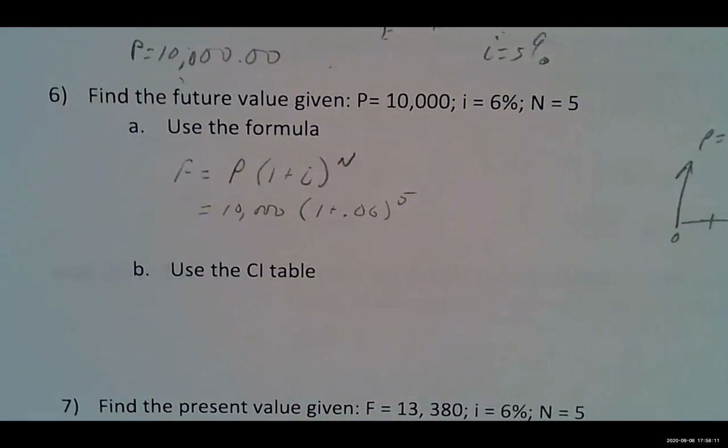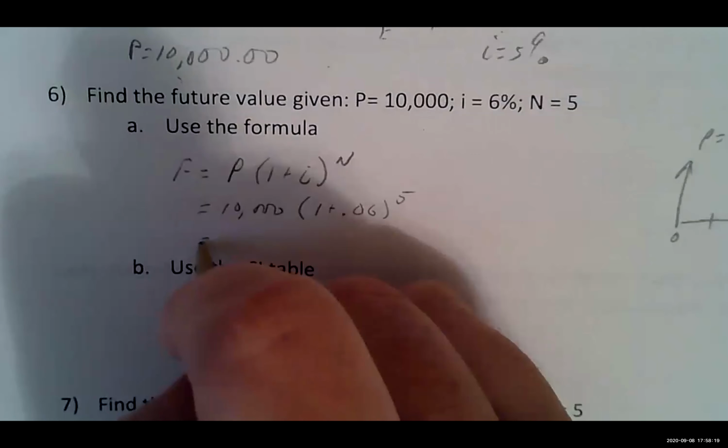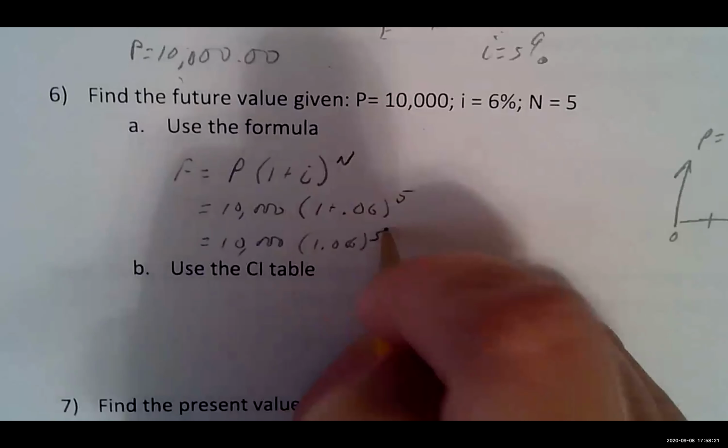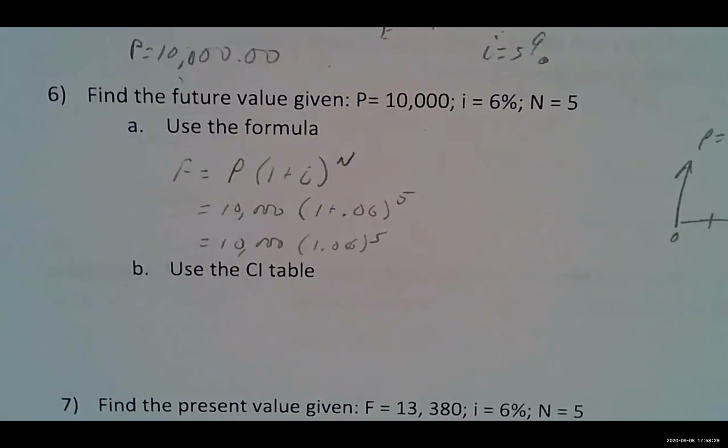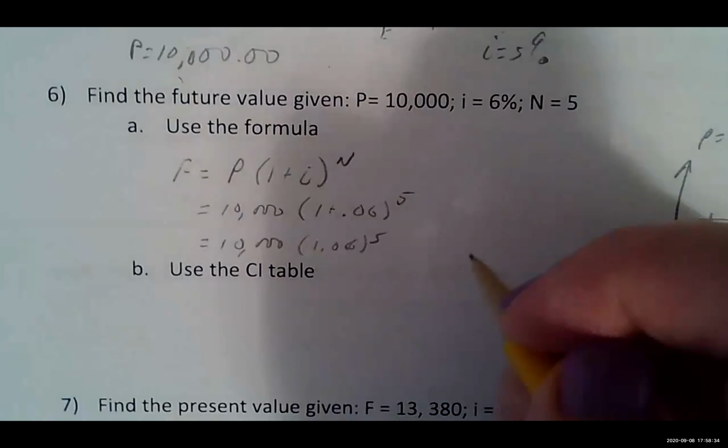So if we multiply that out, you have $10,000 times 1.06 to the 5th. 1.06 to the 5th is equal to 1.338.